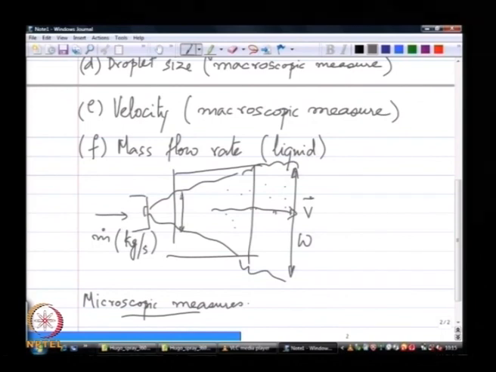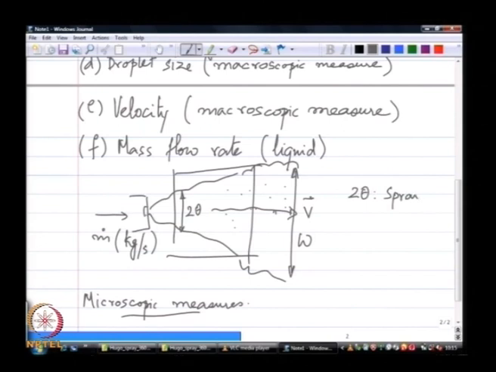If I look at a measure like that, that gives me a width, and clearly that is also tied to the cone angle or the spray angle. There are two kinds of angles and we will talk about them maybe about a week from now, but essentially if I call that angle 2 theta, 2 theta is what we will call the spray angle.